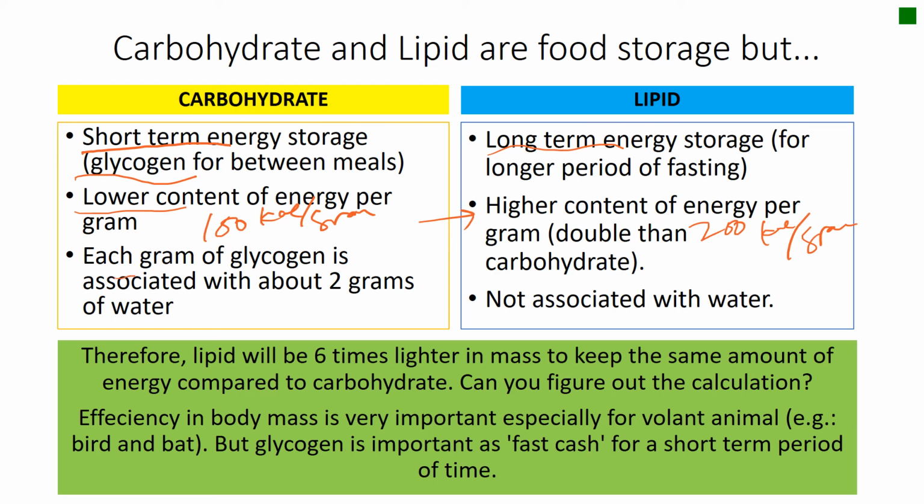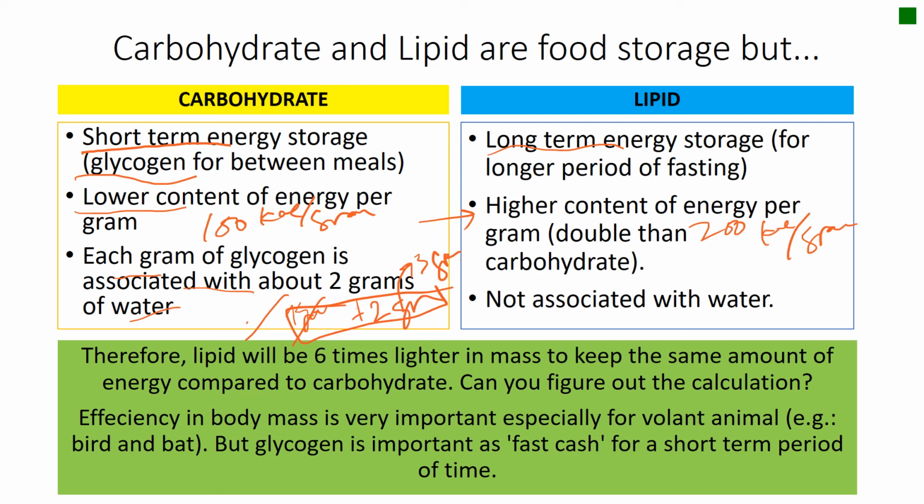And then each gram of glycogen is associated with 2 grams of water. So every time you want to keep glycogen in your cell, let's say in your muscle tissue, 1 gram of glycogen will require 2 grams of water to be stored. So in total, your muscle will keep 3 grams of mass.